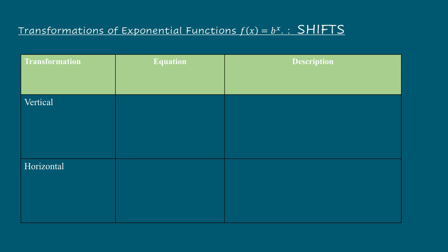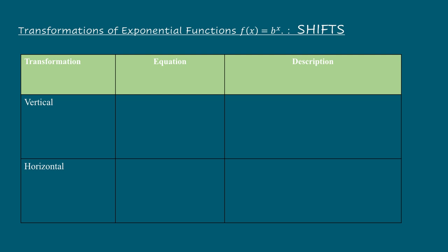So first, let's take a look at how we shift an exponential function. If we want to shift an exponential function vertically, what we're going to do is add a constant to the function itself.